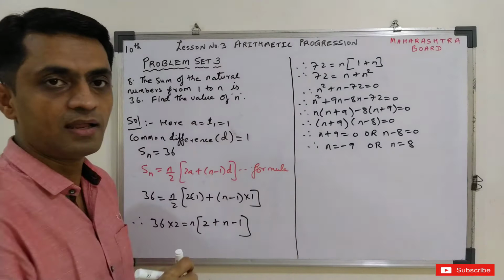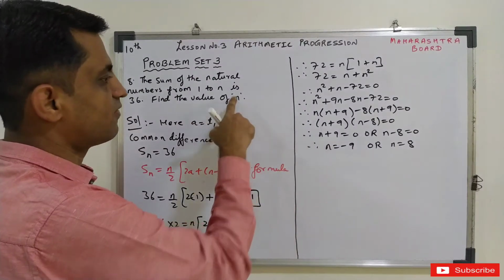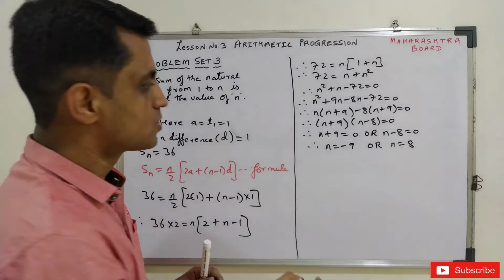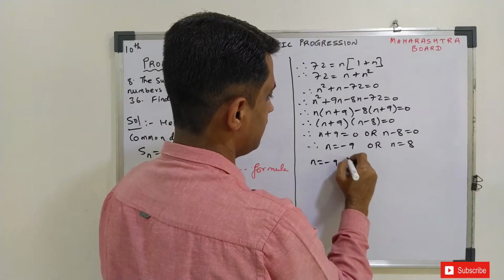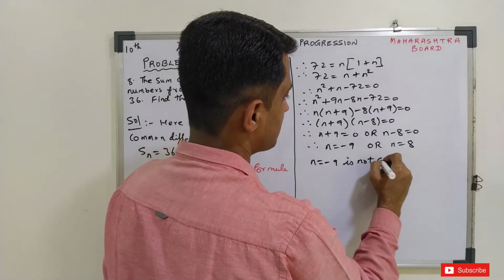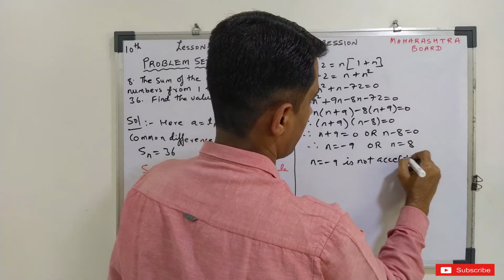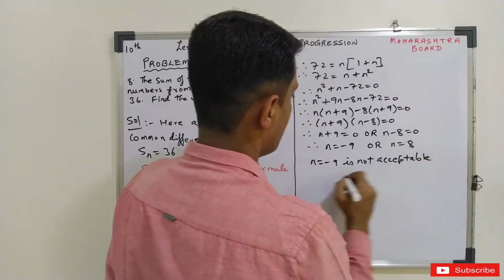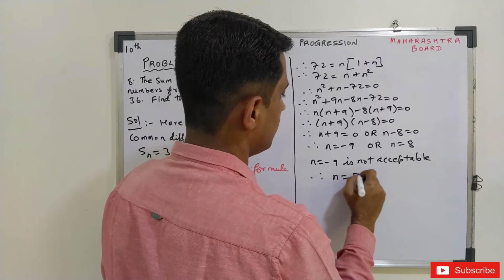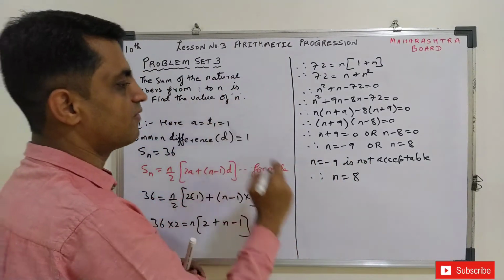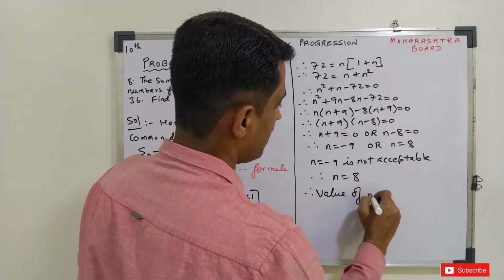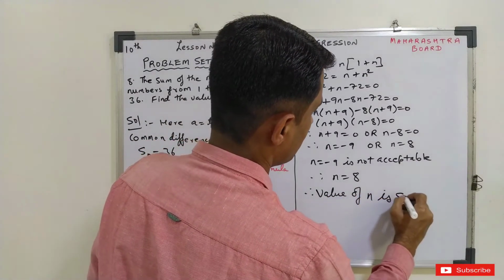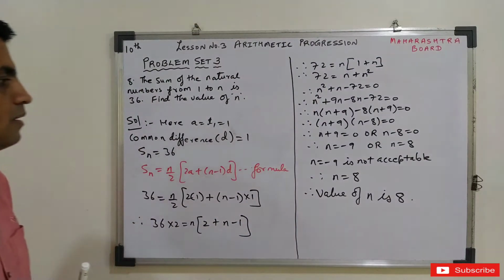Two answers we are getting. But minus 9, number of terms cannot be negative. So n is equal to minus 9 is not acceptable. So therefore n is equal to 8. They ask you the value of n, so the value of n is 8. This is the way to solve this sum.